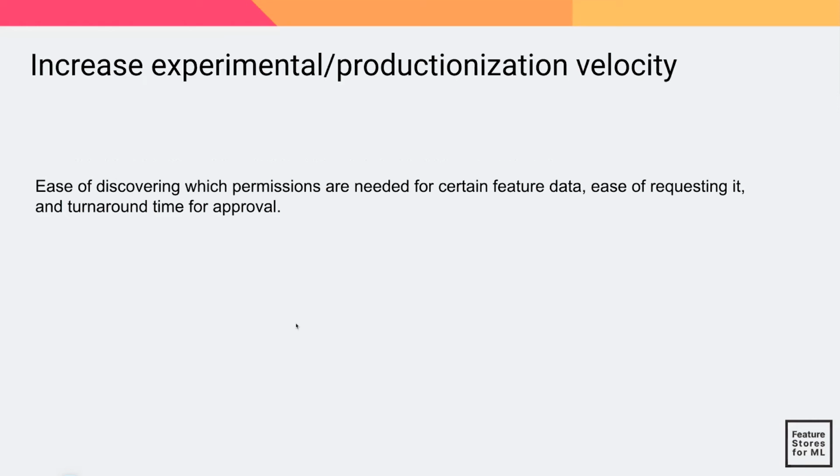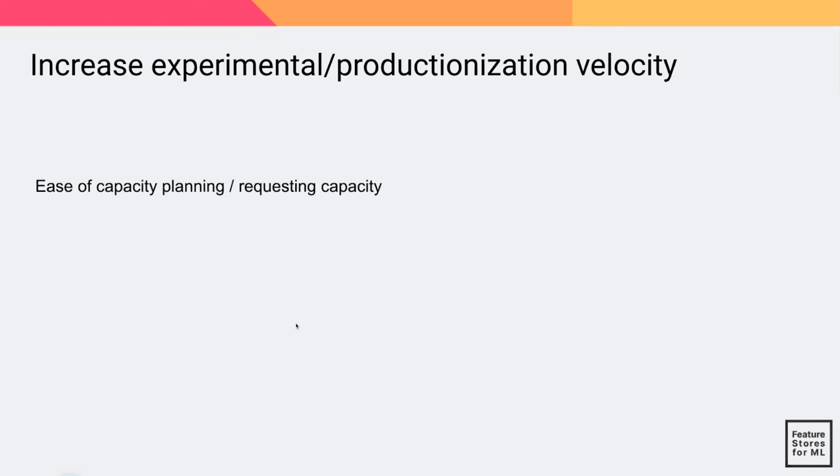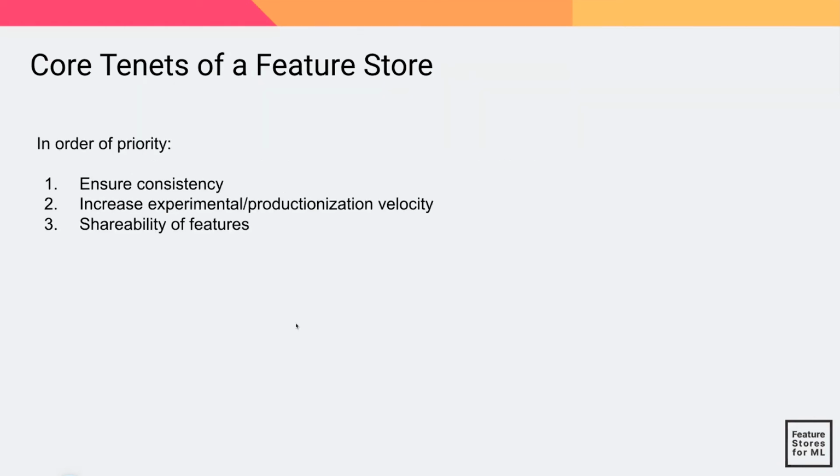So the ease of discovering which permissions are needed for certain feature data, and then requesting that permission, and the turnaround time for approval is really key for us. It's actually a huge friction point that we need to solve, and it's a tough problem. Similarly, the ease of capacity planning and requesting capacity. Okay, nice. So that's number 2, increased experimental velocity and productionization velocity.